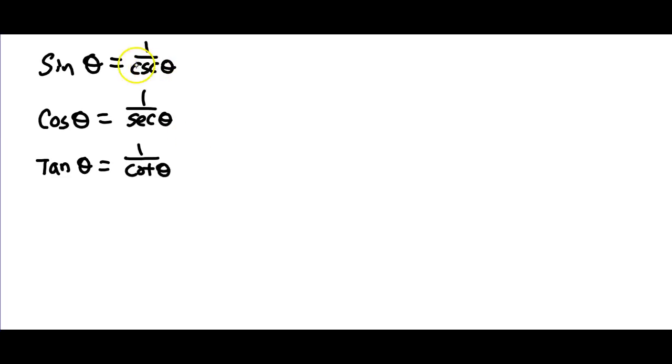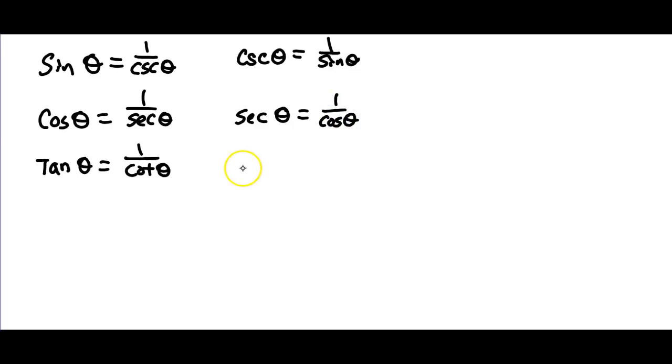Notice if we multiply both sides by cosecant and divide both sides by sine, we'd get the cosecant of theta is equal to 1 over sine. The secant of theta is equal to 1 over cosine. And the cotangent of theta is equal to 1 over tangent of theta. So you can define them like that.